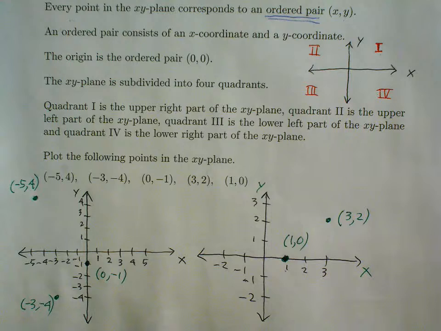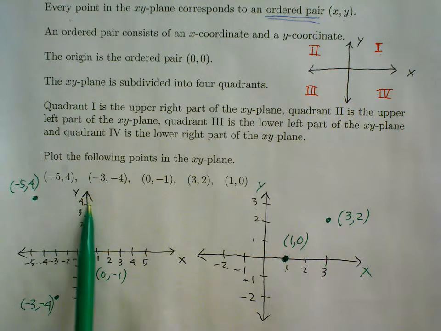A couple of observations. If we go back and look at this point, 0, -1, this point is a point on the y-axis. Notice that the x-coordinate is 0, and that's true for any point on the y-axis.